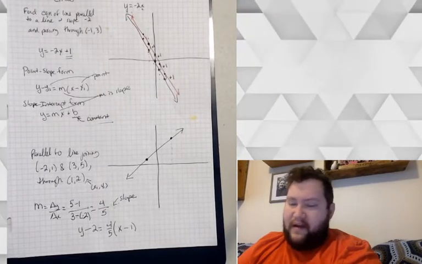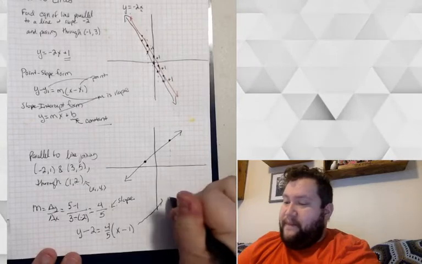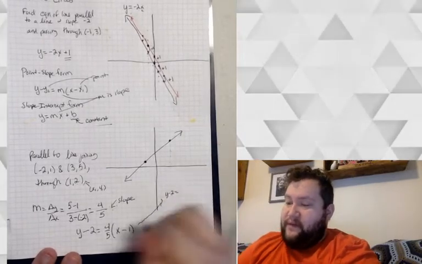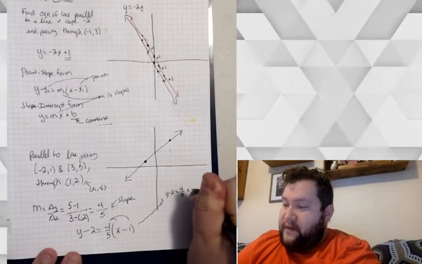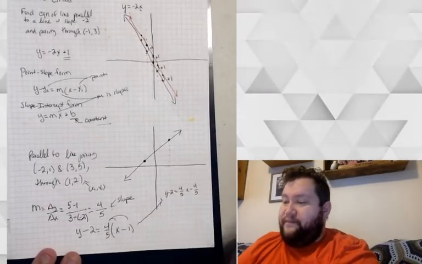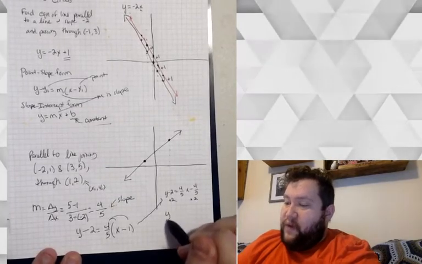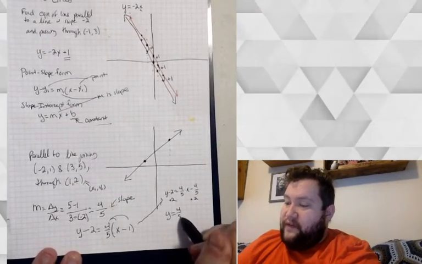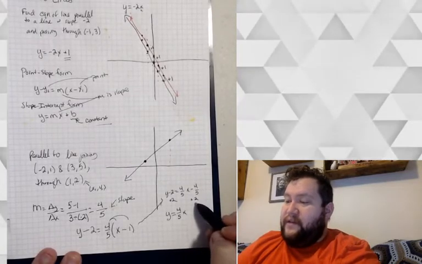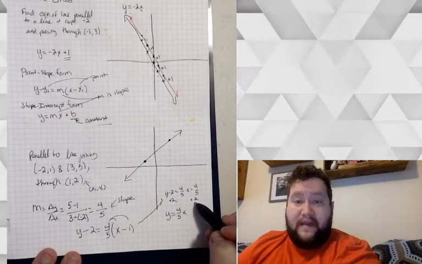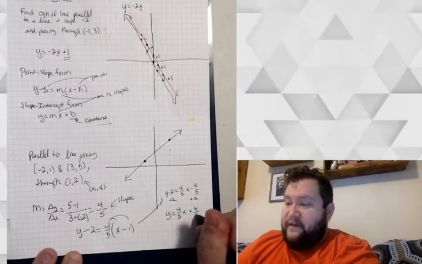Like, where's our constant? So let's do a little bit of work with this. y minus 2 equals, and then distribute 4/5. 4/5 x minus 4/5. I'm going to add a 2 to both sides. y equals 4/5 x, minus 4/5 plus 2, well, 2 is 10/5. 10 minus 4 is 6, plus 6/5.